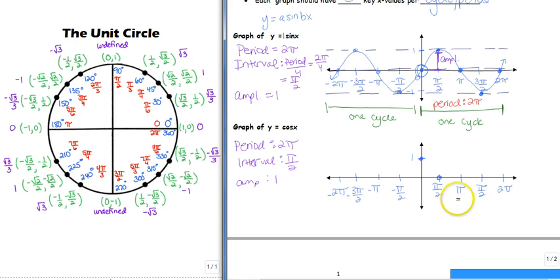The x value is at negative 1. And at 3 pi over 2, our x value is back up at 0. And at 2 pi, our x value is back at 1. So here's my starting point. I always circle that starting point. And that is what my general cosine graph is going to look like.